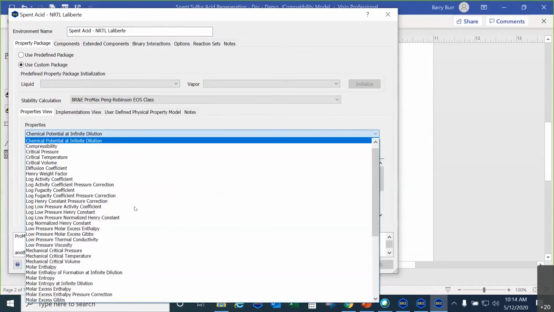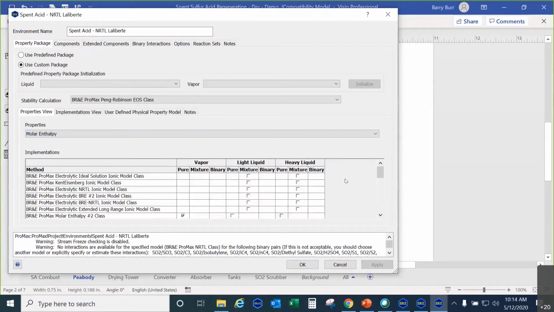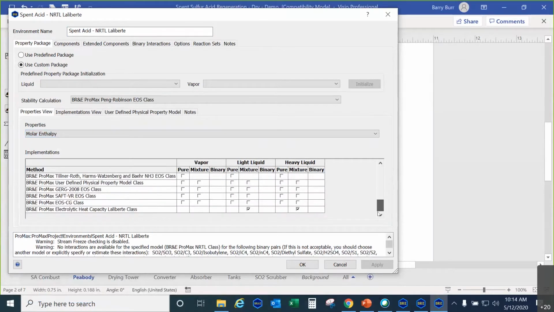So if we go here to molar enthalpy, it'll populate, and instead of the normal selection, we go down to the very bottom to this special selection for the light liquid and heavy liquid mixture properties. It's called the BRE ProMax Electrolytic Heat Capacity Laliberte class.